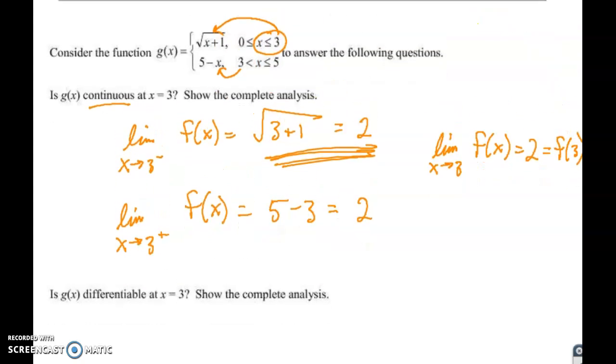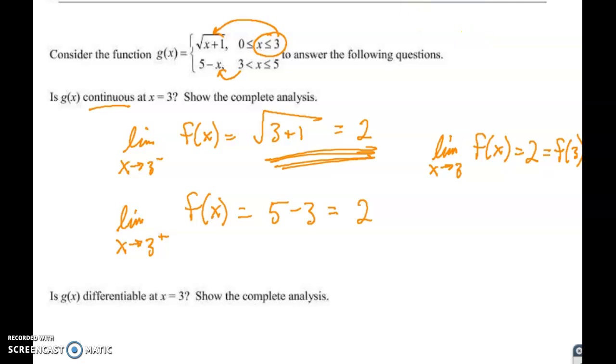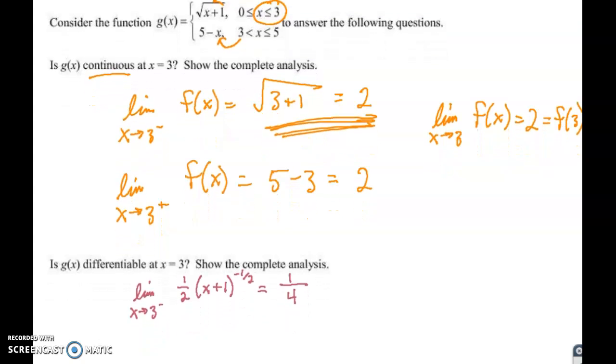What about differentiable? Well, if it's differentiable at that point, that means that we have to find the derivative of each piece. So the limit as x approaches 3 on the left side of the derivative, you could actually find the derivative of that, would be 1/2 times x plus 1 to the negative 1/2 power. And as a reminder, plug in 3 in there, plus 1 is 4. The square root of 4 is 2, but it sticks into the denominator times the other 2. So we're looking at 1/4. I hope you can do that in your head.